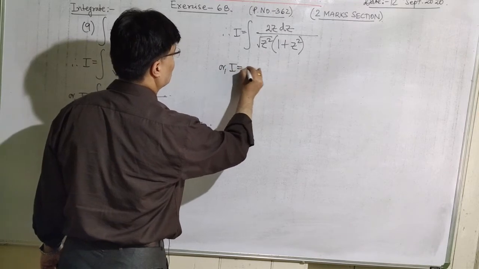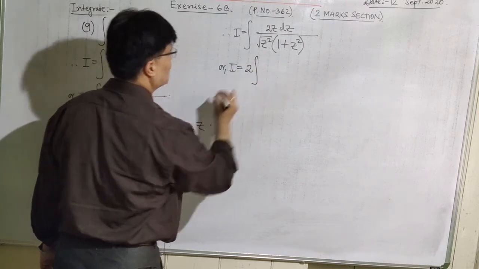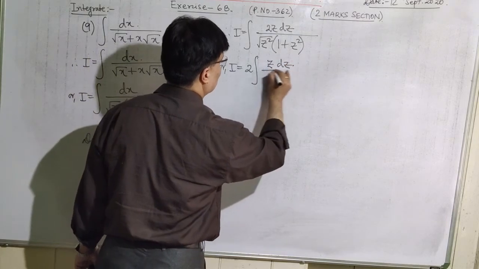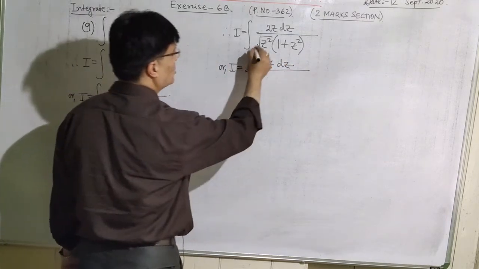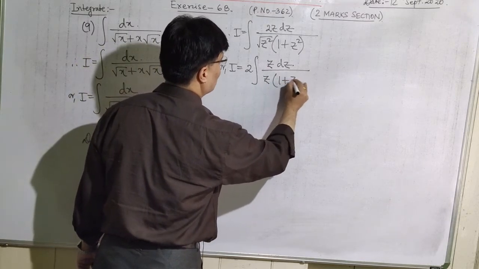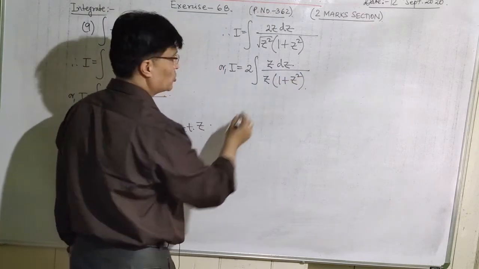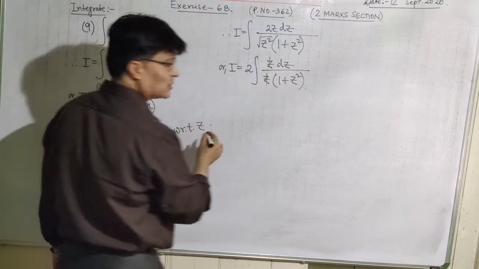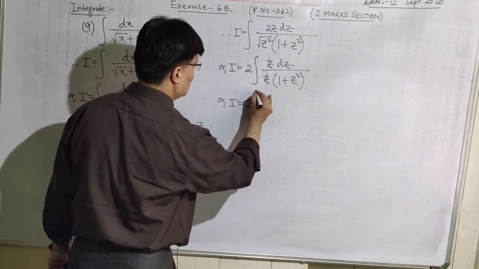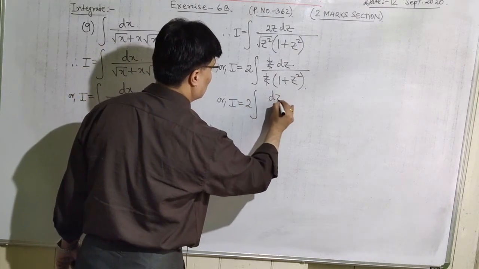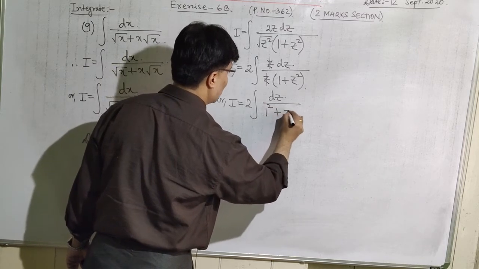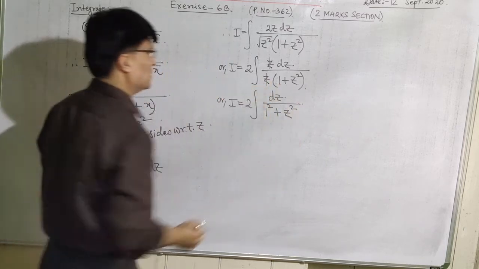Or I is equal to, here 2 is constant taken outside the integral sign. This is z dz divided by, what is root over z square? That is z. And within bracket 1 plus z square. So here z gets cancelled. Or I is equal to 2 integral sign dz divided by 1 square plus z square.